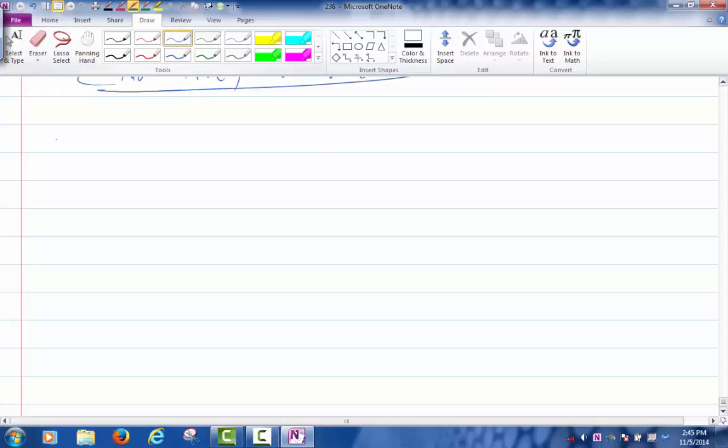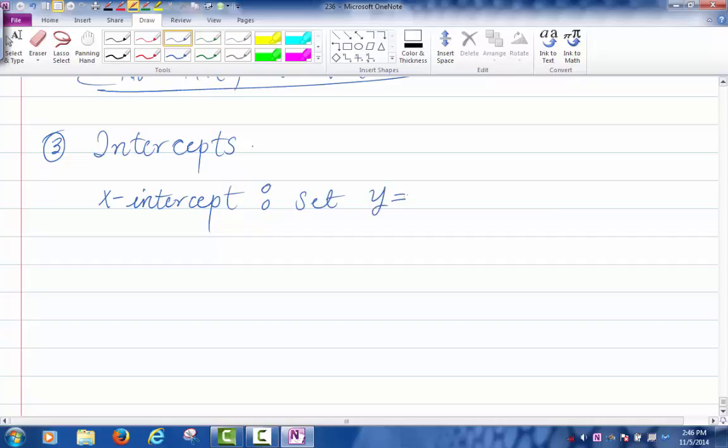What is step 3? Step 3 would be intercepts, if you can find them. Sometimes finding the intercepts could be complicated. So what are the intercepts? Well, what is the x-intercept? How do I find the x-intercepts? Yes, set y to 0.